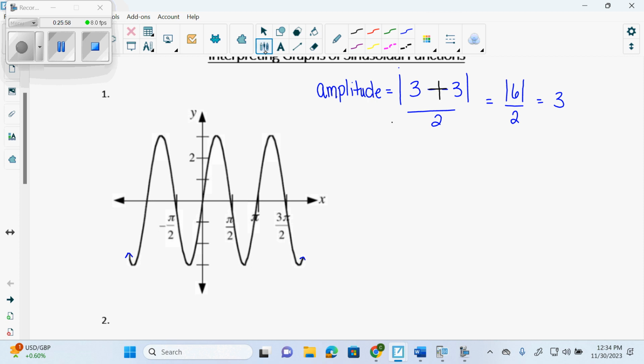So I'm going to go to my minimum and count 3 up. 1, 2, 3. And I'm going to go to my maximum and count 3 down. 1, 2, 3. And where do they meet? The x-axis, correct? Draw that line.